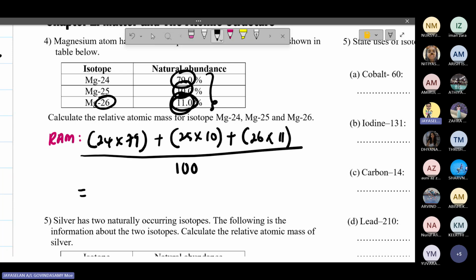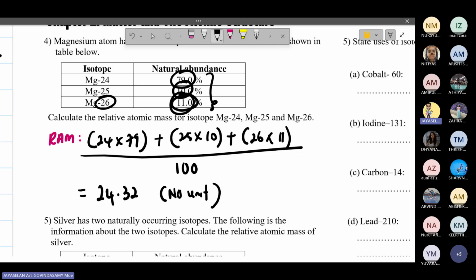So what is your answer? Calculator, find the answer. Anyone can give me the answer? 24.32. Okay, 24.32 and make sure no unit. In the exam, please remember this is 0.1, this is 0.2. 2 marks, you know. Don't waste your marks.